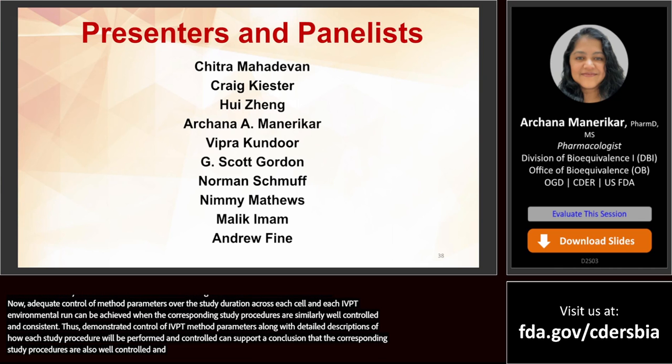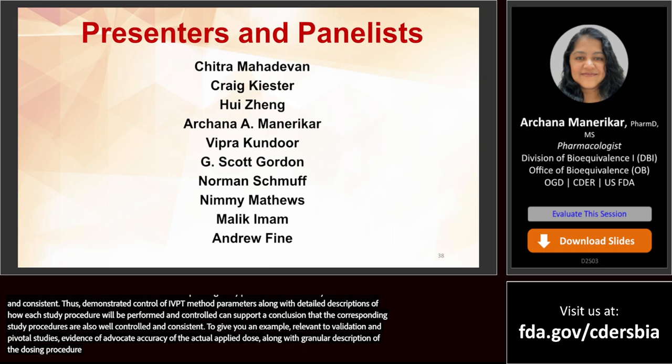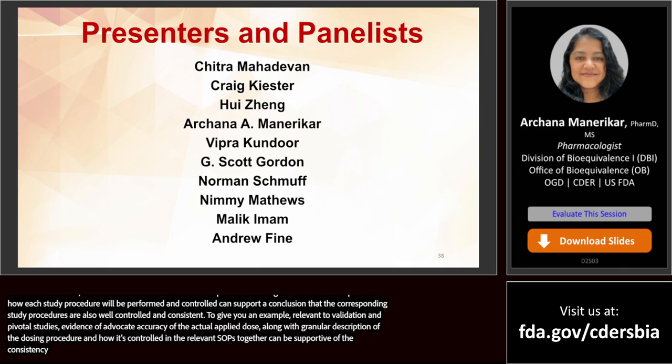So to give you an example, relevant to validation and pivotal studies, evidence of adequate precision and accuracy of the applied dose, the actual applied dose, which is basically dispensed dose minus any dose that is lost during the application process, along with granular description of the dosing procedure and how it is controlled in the relevant SOPs, together can be supportive of the consistency and control of the corresponding procedure, which is the dosing procedure. Thank you.